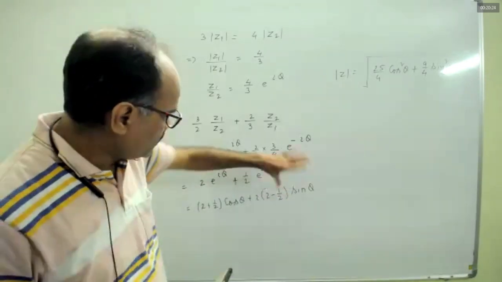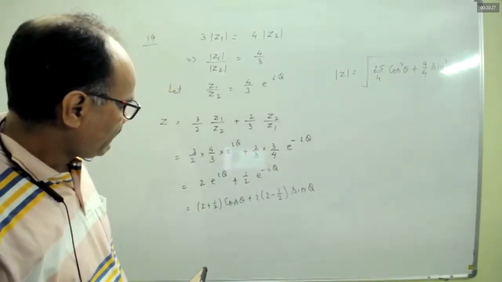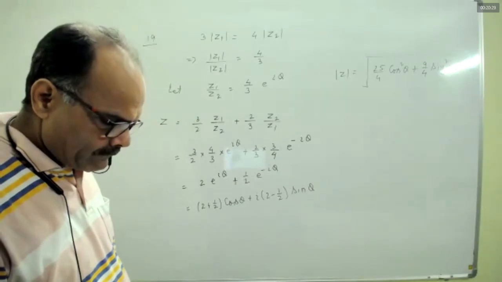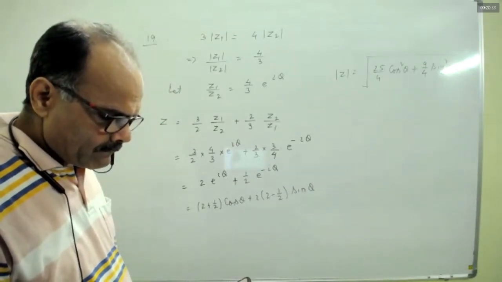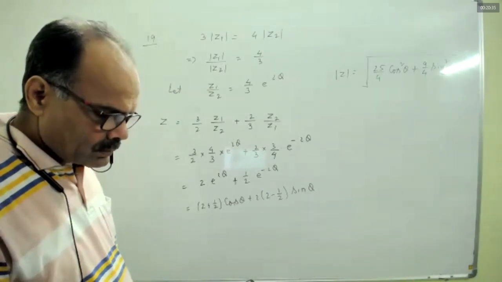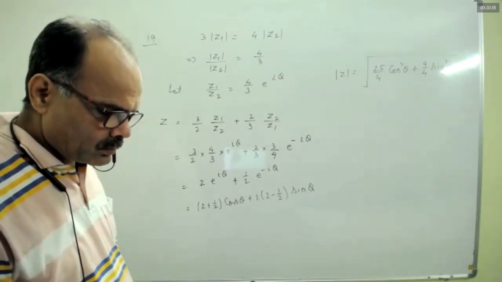This square plus this square, magnitude. Mode Z1 equal to 4 mode Z2.